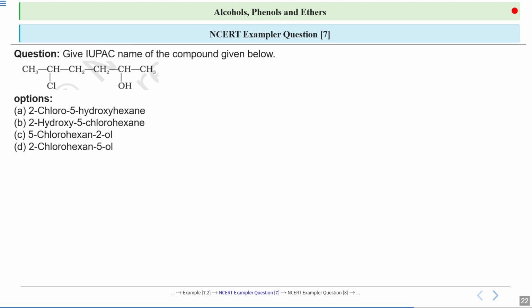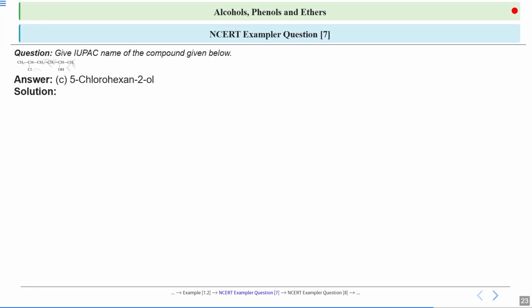Options are 2-chloro-5-hydroxyhexane, 2-hydroxy-5-chlorohexane, 5-chlorohexane-2-ol, or 2-chlorohexane-5-ol. For this question, the correct answer is option C, 5-chlorohexane-2-ol.